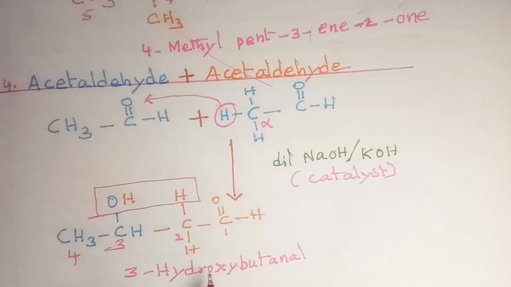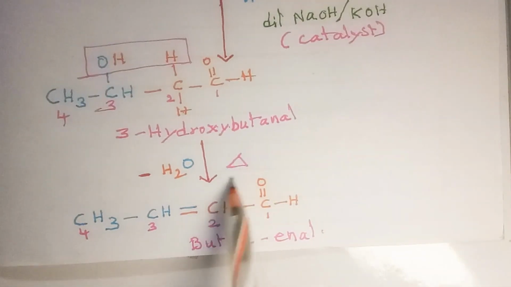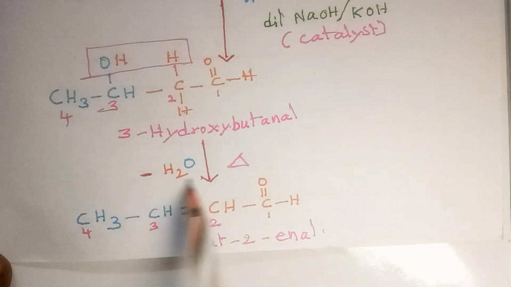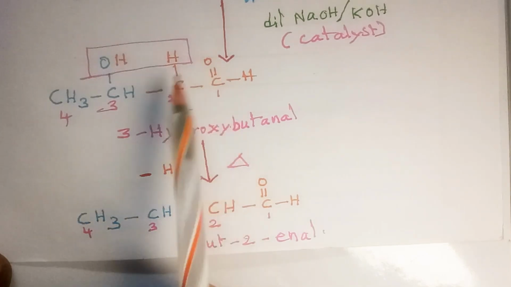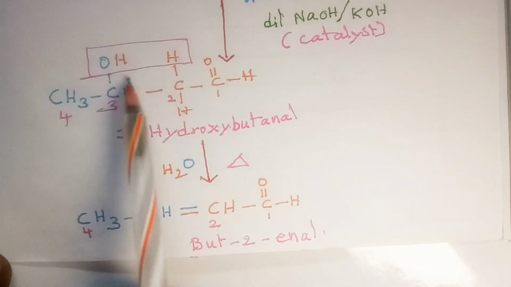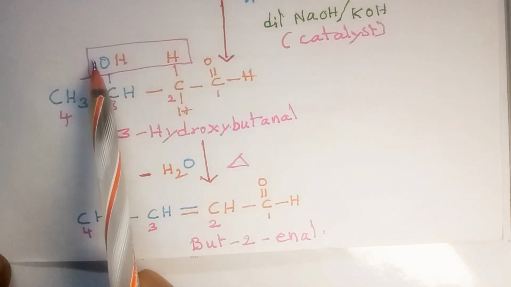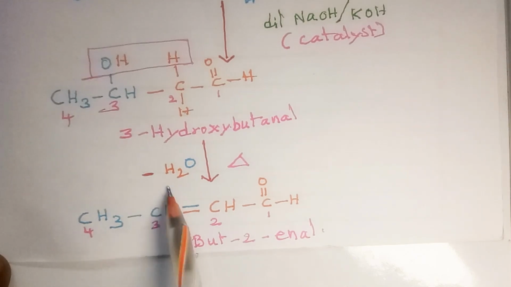This aldol formation product, upon being heated, gives out a water molecule to give us the aldol condensation product. How that happens, we have already seen previously. This alpha hydrogen will combine with this OH to form a water molecule.